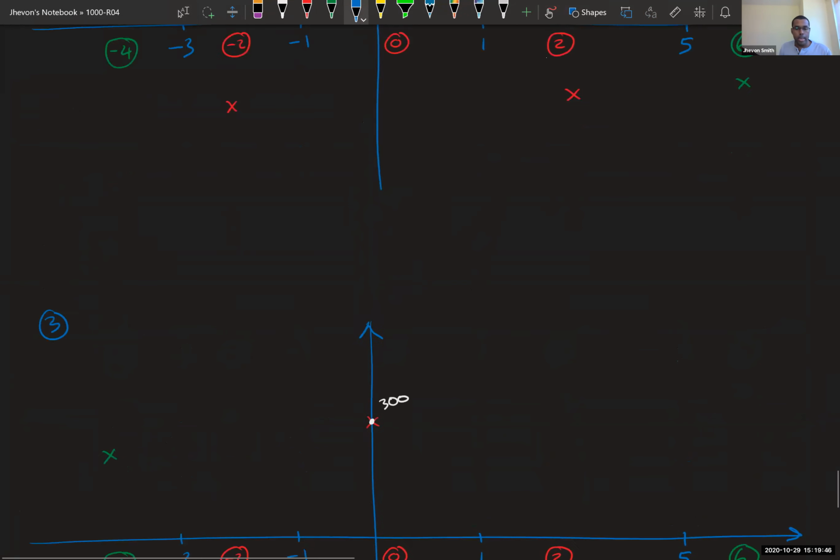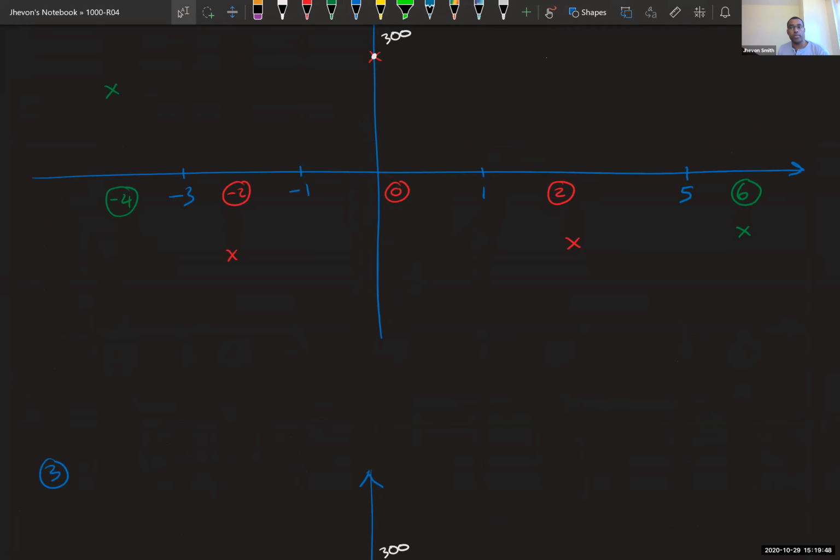And why I did the -4 and the 6 in different colors, I just want you to appreciate that using end behavior would have helped us find the green X's above.